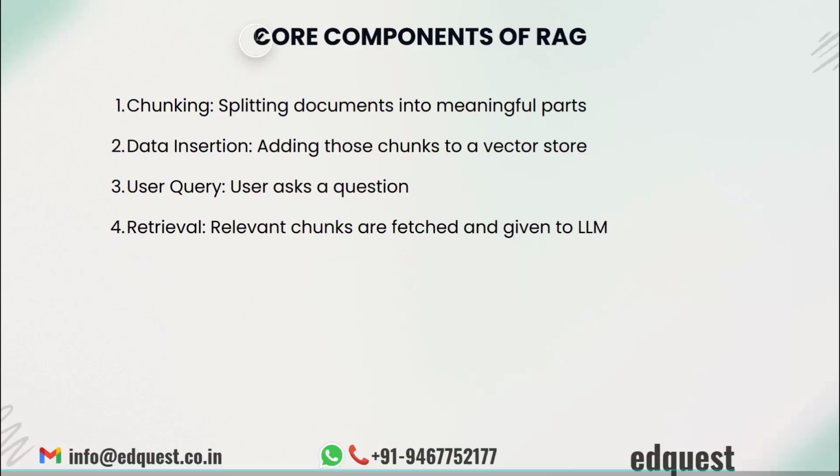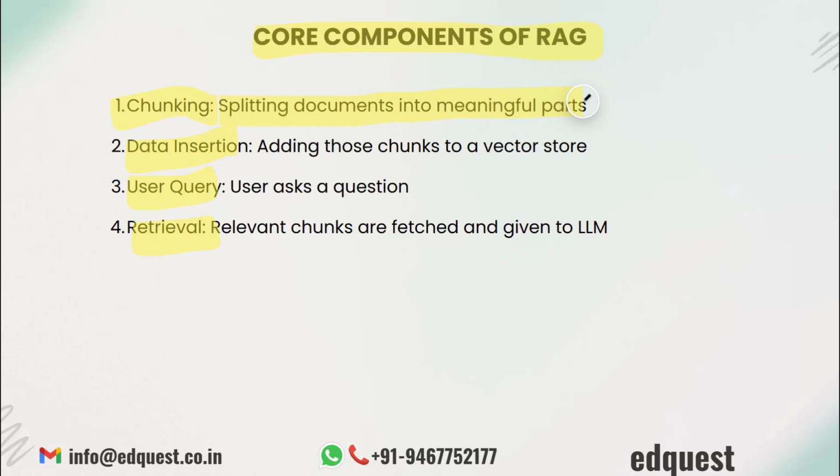Core concepts of RAG. RAG works in four simple steps: chunking, data insertion, user query, retrieval plus generation. So, in chunking, we split large documents into small meaningful pieces. Data insertion means these chunks are converted to embeddings and stored in a vector database.